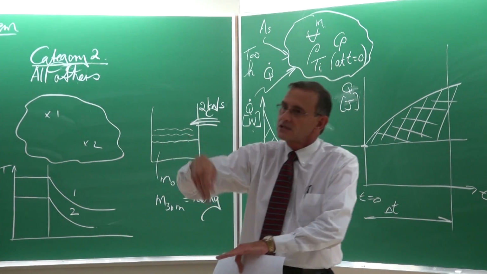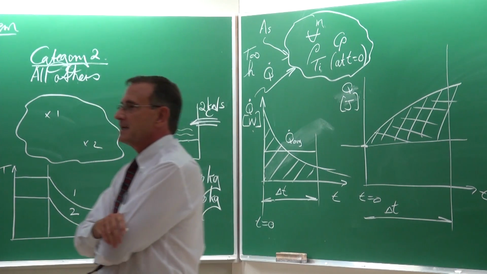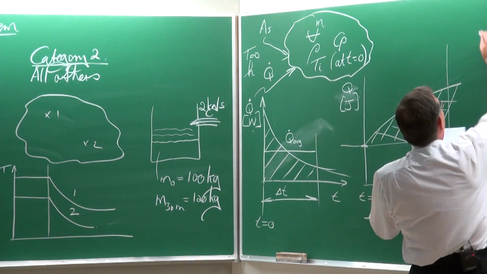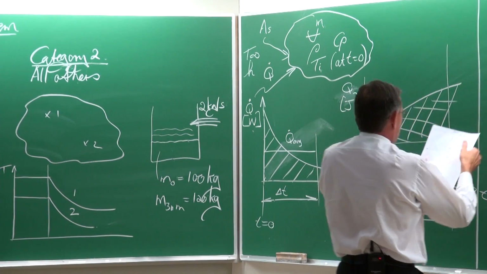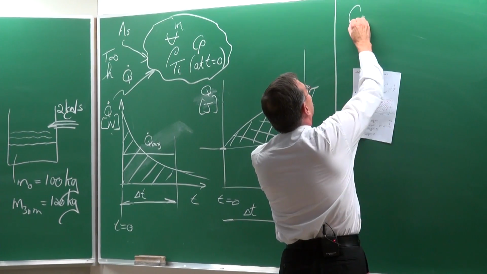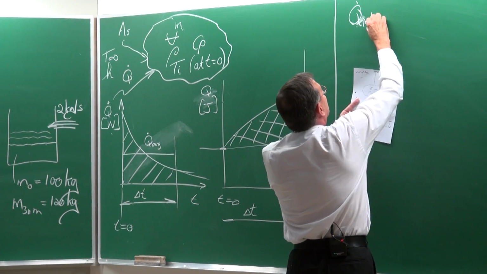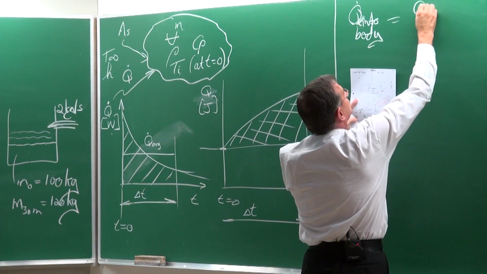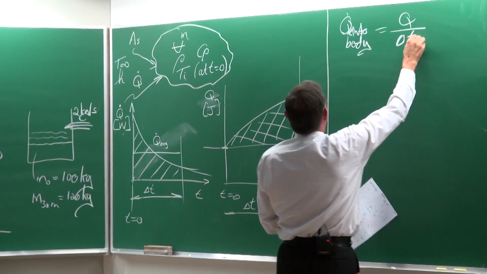It increases as you put it in. Do you understand that? Okay. Now, using that concept, we can then say that the heat transfer rate into the body is equal to Q divided by delta t.